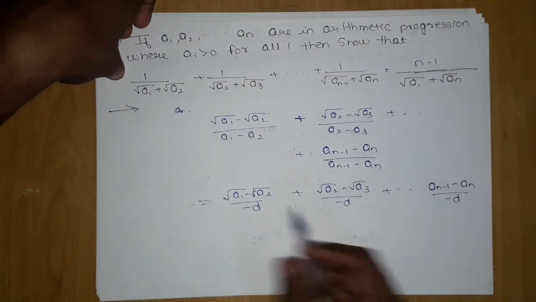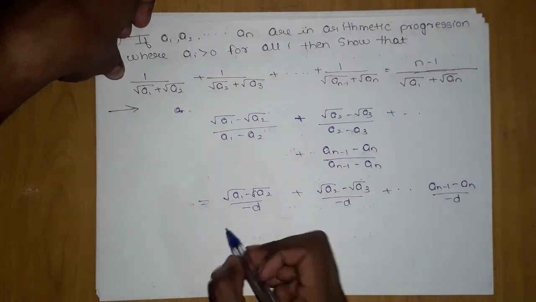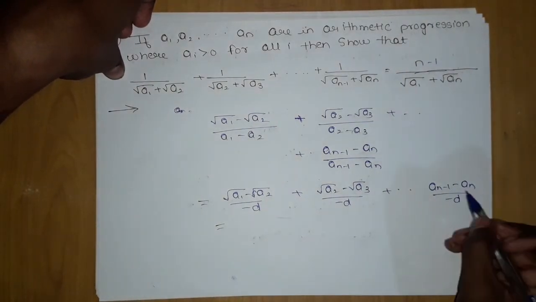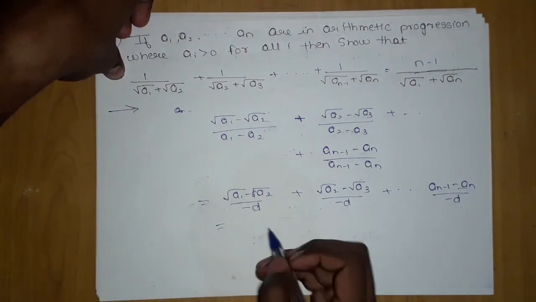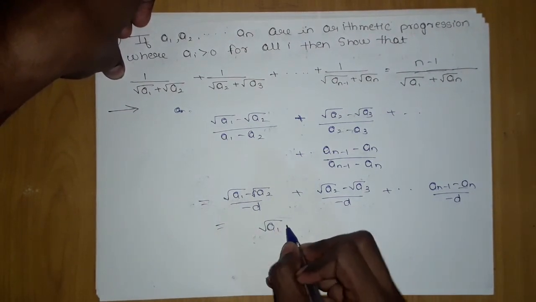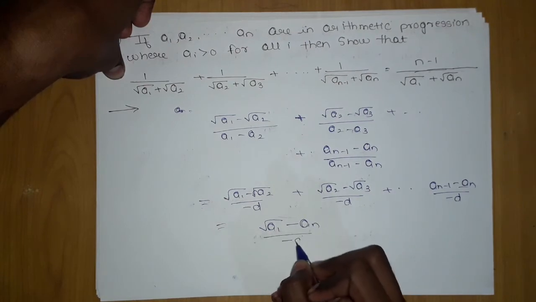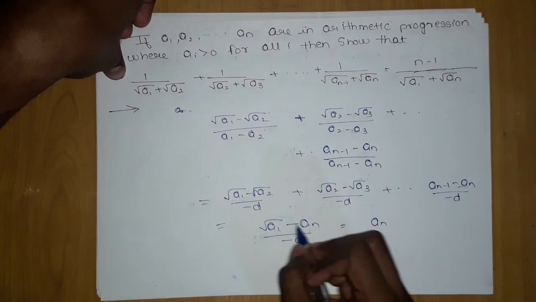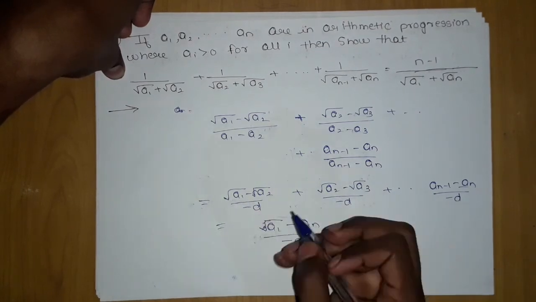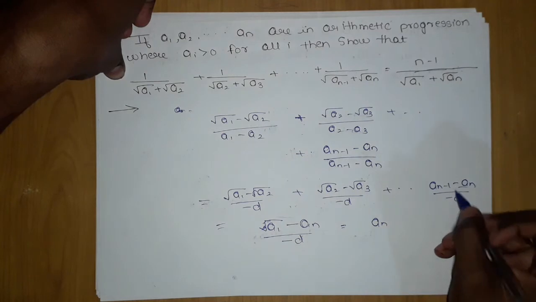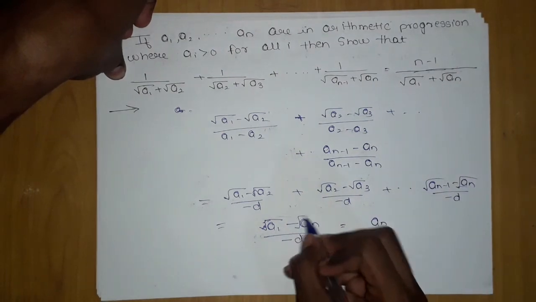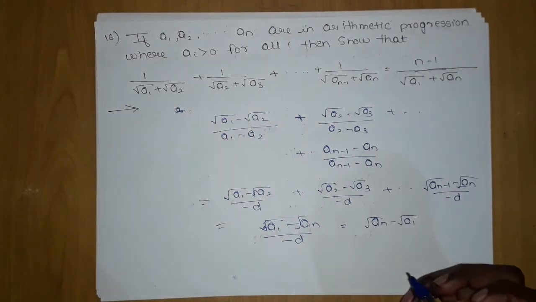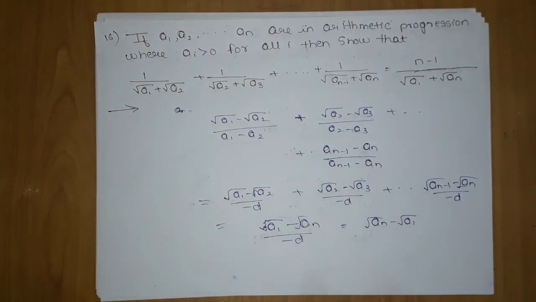Now all the denominators have become the same, so I can add them. If I add them, you can see minus under root a2 plus under root a2 minus under root a3 and so on, so only the first term and the last term will be left. So I get under root a1 minus under root an upon minus d, and if I take minus common, it will be under root an minus under root a1 upon d.